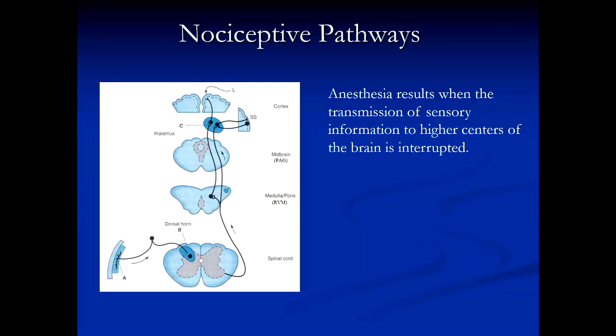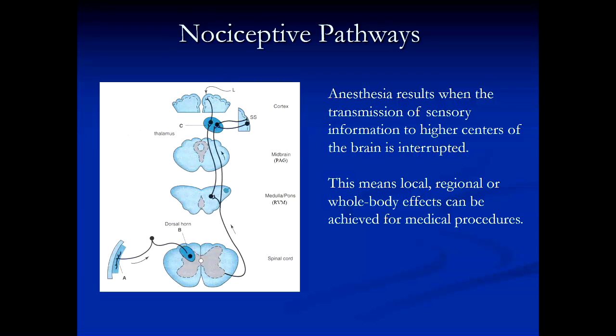So essentially anesthesia then just results when the transmission of this sensory information is interrupted somewhere, and so that provides, in most cases, the goal of relief from what otherwise would be very uncomfortable and painful, noxious type of perception of what's going on.